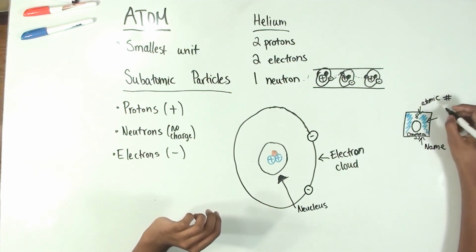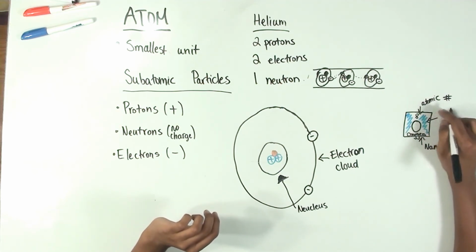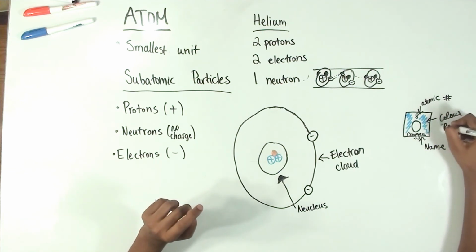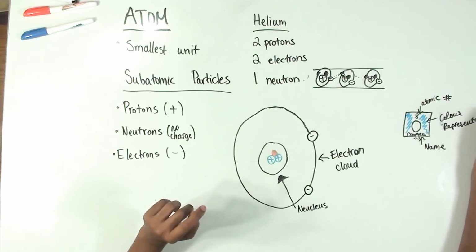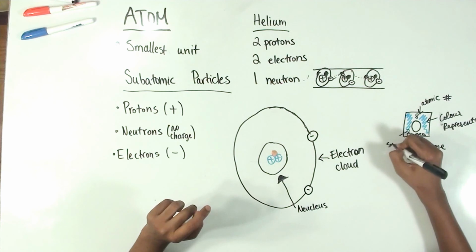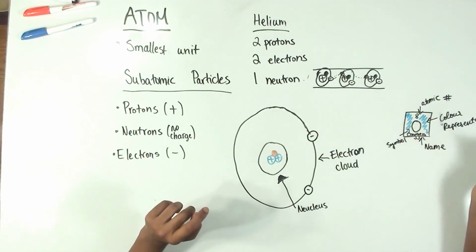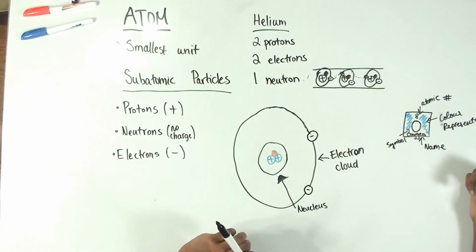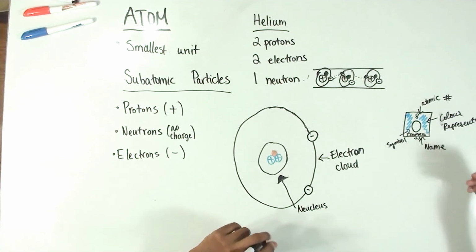The blue is the color representation and the O is its symbol. Since it's blue, we know that oxygen is a gas.